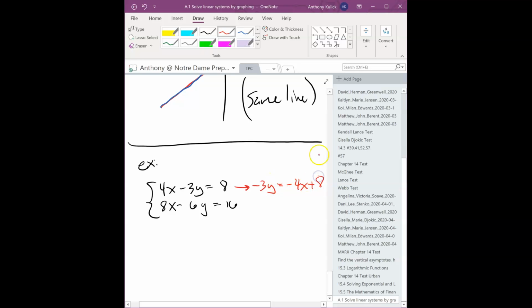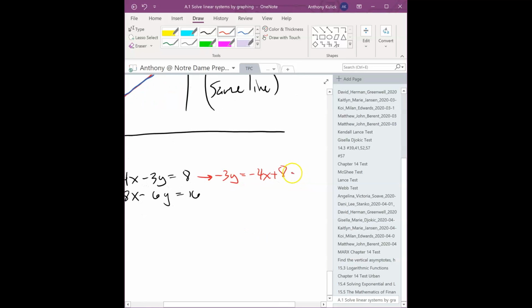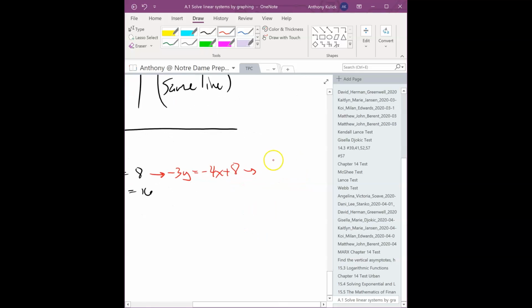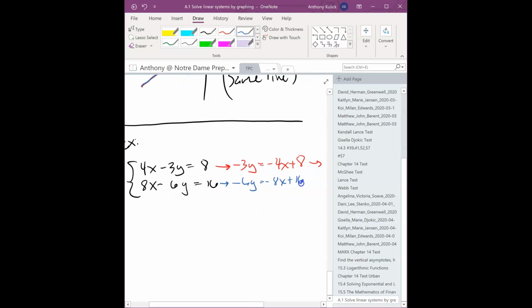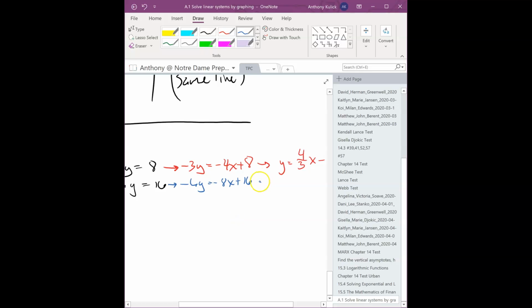I'll subtract 4x from both sides, and then divide both sides by -3. And then if I do the same thing here, again, I'm going to subtract 8x from both sides, and then divide both sides by -6.